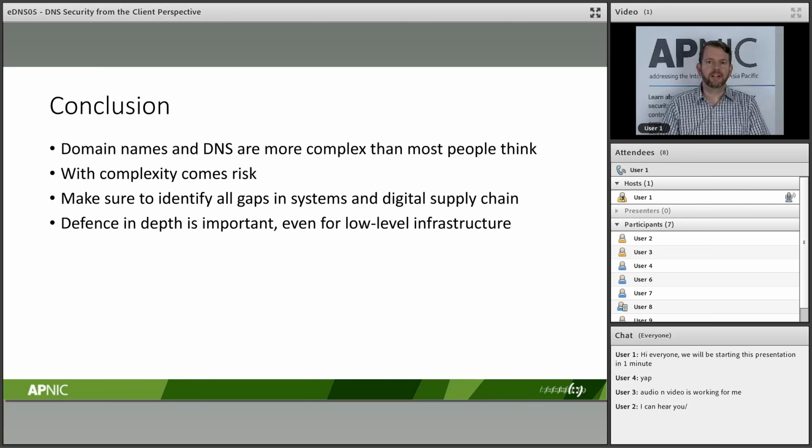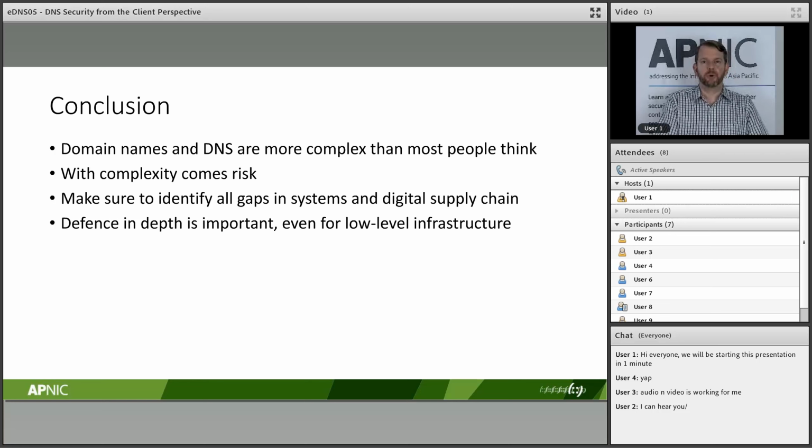Another thing to look at is the fact that with complexity in DNS systems comes risk. And if you don't understand the complexity, then you may not understand the risks involved as well. You want to make sure that you identify all the gaps in your systems, as well as your digital supply chain, such as the supply chain of purchasing new domain names and registering them, and your DNS systems.